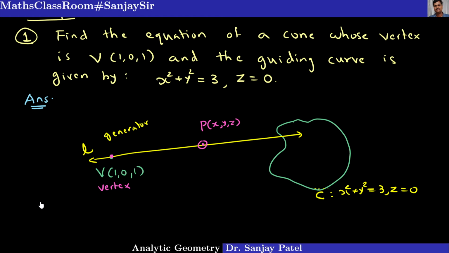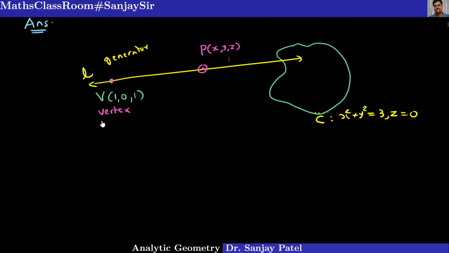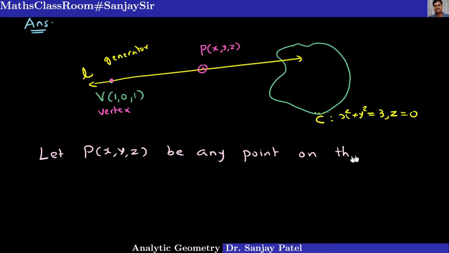So let me write systematically all these steps. Okay. So let P(x, y, z) be any point on the required cone.